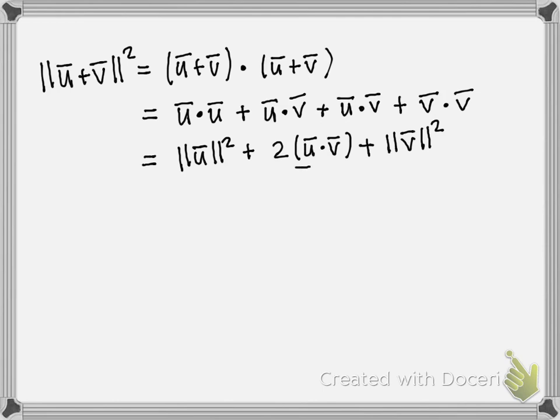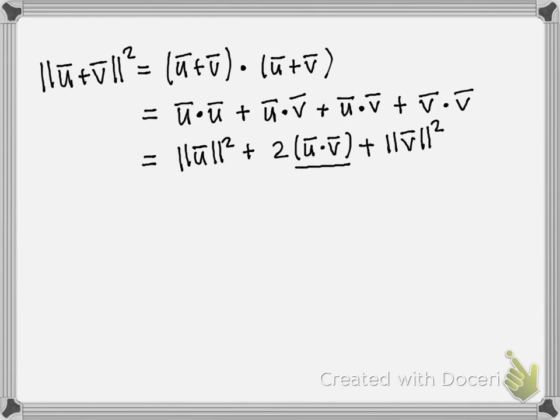Now this number here, the dot product, is at most its absolute value, because every number is at most its absolute value. If the number is positive, then it is equal to its absolute value, but if it's negative, then it's less than its absolute value. So a number is always less than or equal to its absolute value.